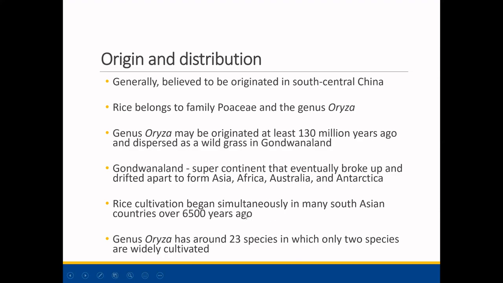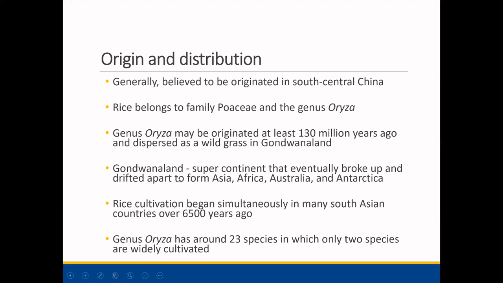The genus Oryza has around 23 species, of which we cultivate only 2. Cultivated species are 2, but this genus currently has 23 species. We will look at how these cultivated species evolved.